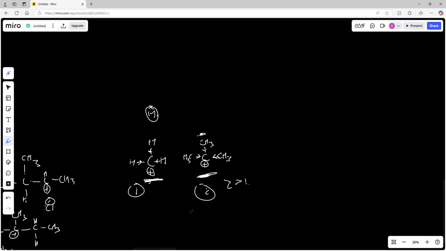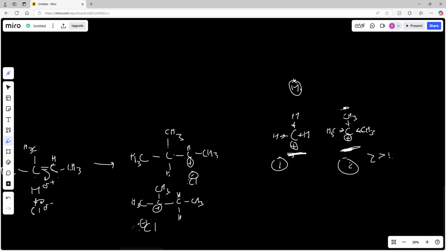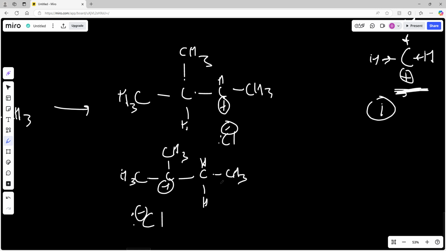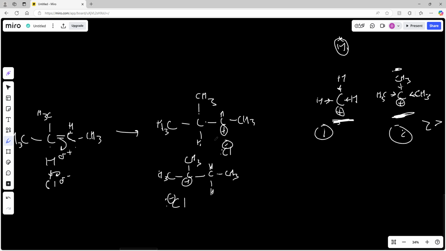If we then relate this to these compounds here, we can see that number 1 is much more resembled by this one, because it has one hydrogen and then obviously one carbon with another methyl group. In this one, we have methyl groups, and obviously a pretty strong methyl group in this situation as well. Okay, so we've got all this electron density flowing towards the carbocation, which makes it far more stable, which therefore means that this one is the major product and this one is the minor product.